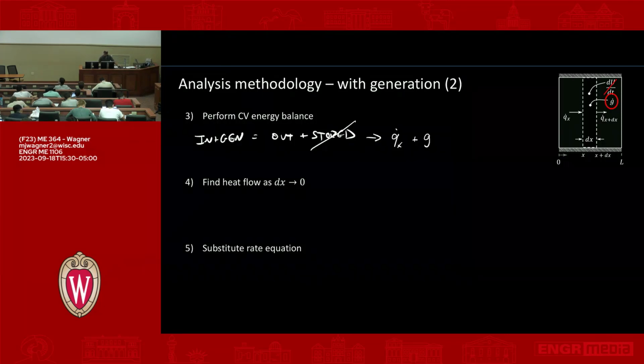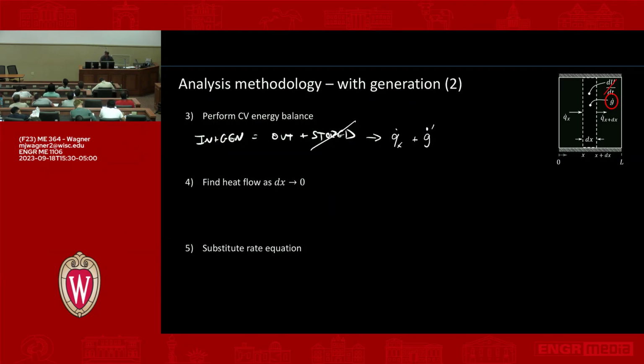So we have g dot, but let's be a little bit careful here. We're going to assume for now that g dot is spatially uniform. That is, there's no variation in coordinate x with the generation.